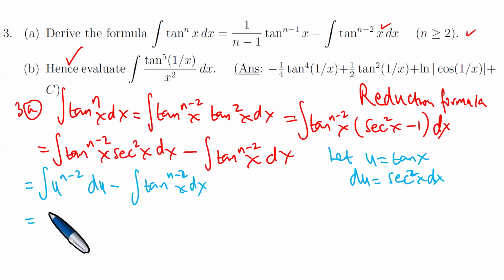By the rules of integration, this is going to be 1 over n minus 2 plus 1, u to the n minus 2 plus 1, plus c, minus the integral.